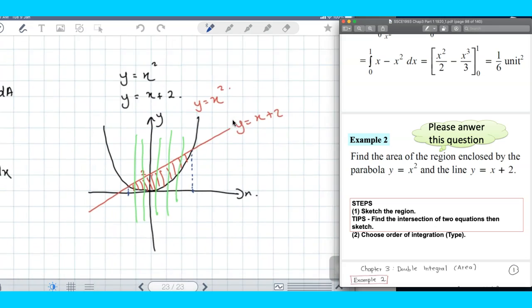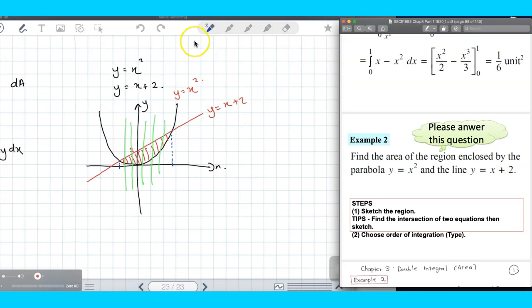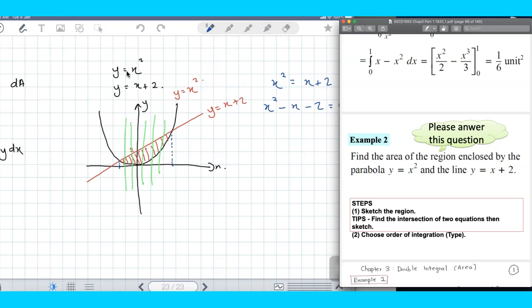So how can you do that? Again, we solve these two equations simultaneously, where x squared equals x plus 2, so we have x squared minus x minus 2 equal to 0. Hopefully we can factorize it. So x squared, minus 2, and minus x.